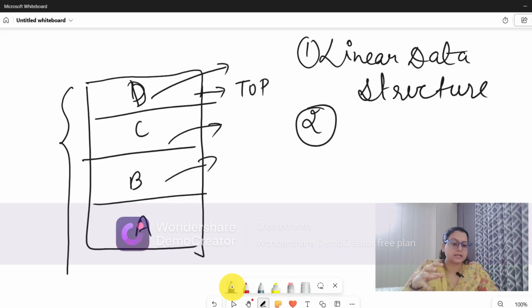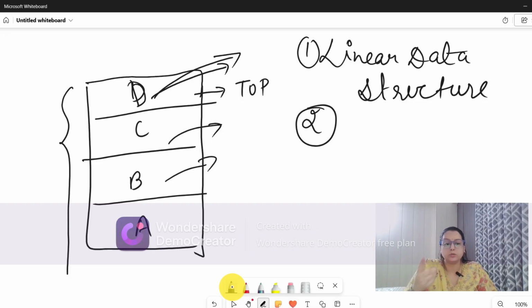It is placed recently only, but regardless of that, when we have to remove an element, the last element only will be removed. D will be removed first. This means the top element will be removed first, and then continuously the elements will be removed up to our desired location. So this is how the deletion is done.